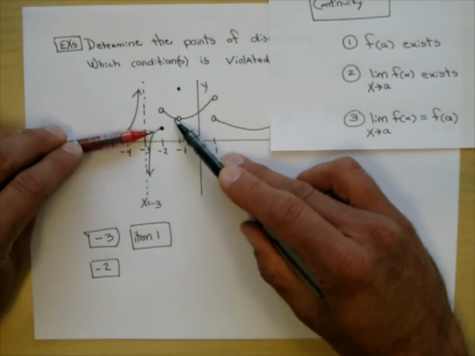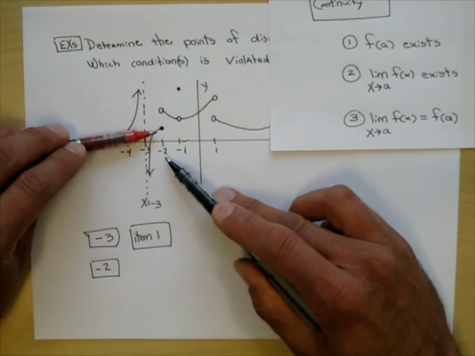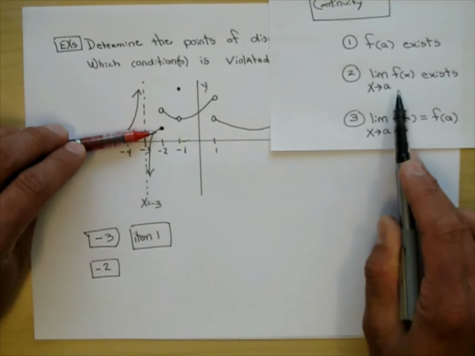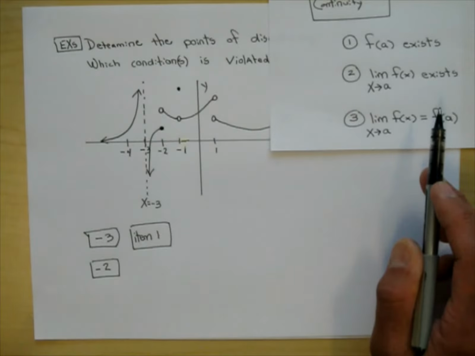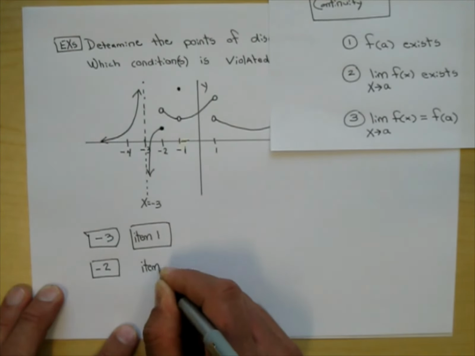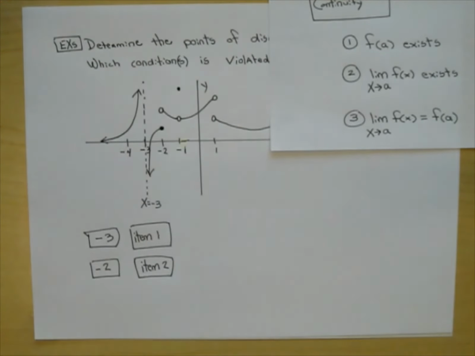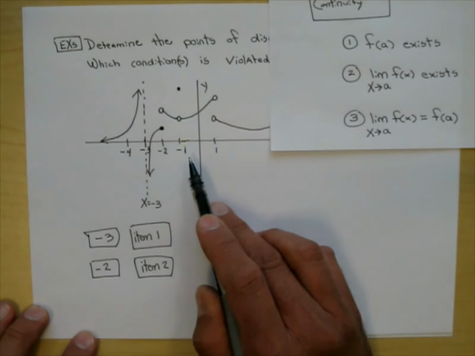If you've got the two bugs walking, the guy from the left and the guy from the right are not going to meet right before they step on the x value of negative 2. So the limit does not exist. So it is item 2 that is violated.